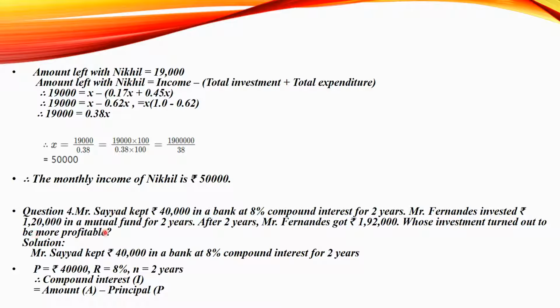So first, let us consider Mr. Syed, who has kept rupees 40,000 in bank at 8% compound interest for 2 years. So the principal is rupees 40,000, rate of interest is 8% and number of years is 2 years. Compound interest is equal to amount minus principal.